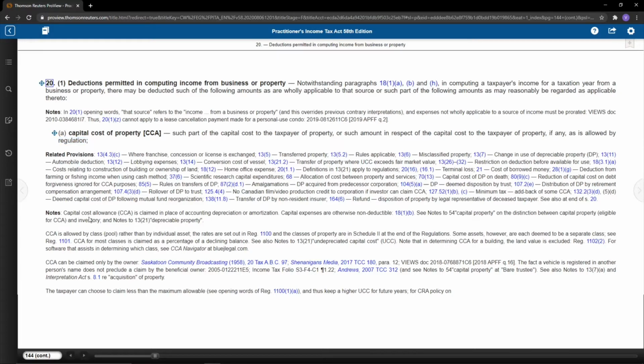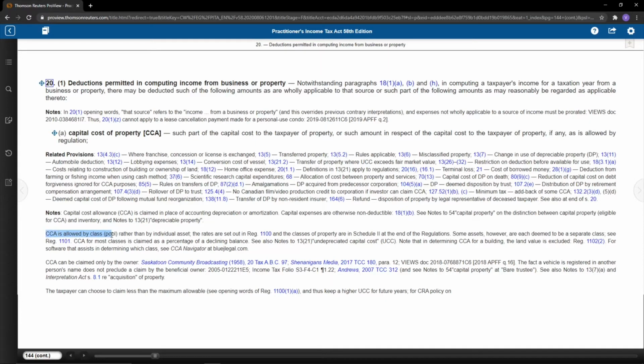Before we go any further, you can take a quick look at the notes, which might be helpful to you. They basically explain there that the capital cost allowance is claimed in place of accounting depreciation or amortization. Capital expenses are otherwise non-deductible, and that's according to 18(1)(b). There's some more helpful information here.